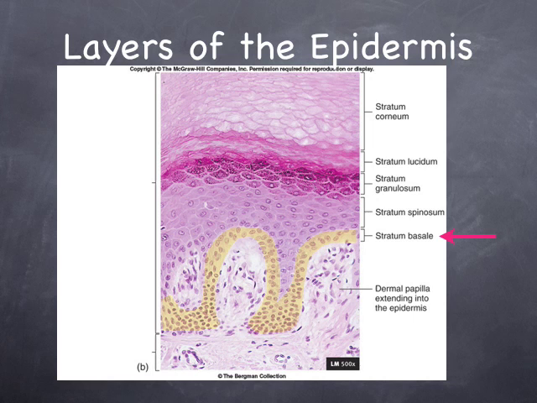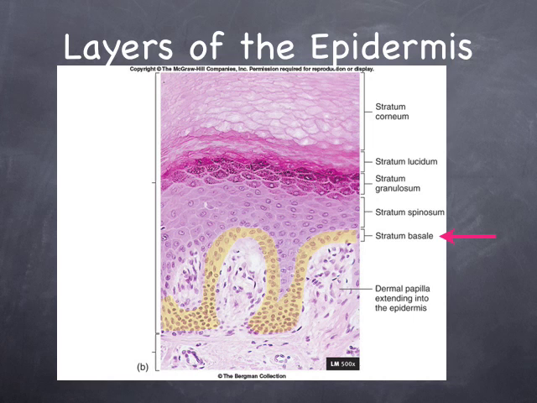All the other layers come from here, don't they? Every other cell that you see here was multiplied down here. The number one job for the stratum basale is to make all the other cells in the epidermis. Its number one job is reproduction, and that's all it does, really. The cells here never really have time to grow up and do what they need to do.